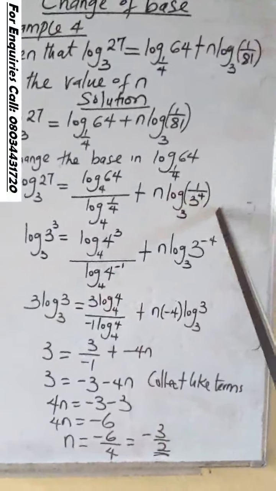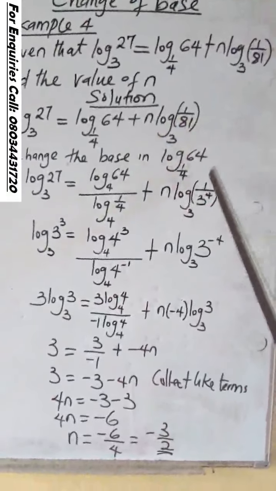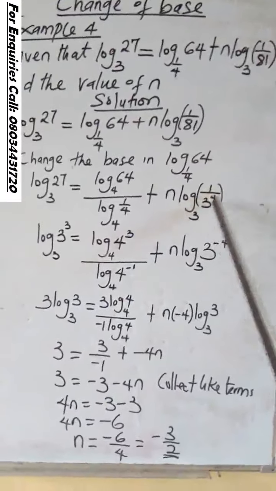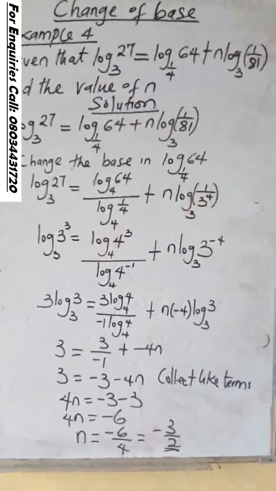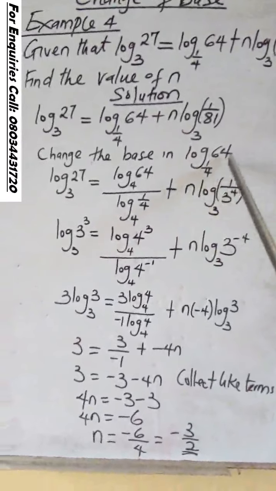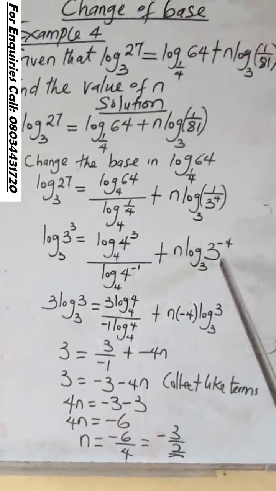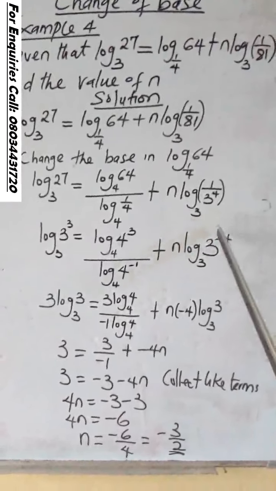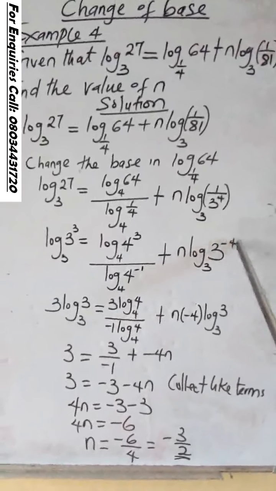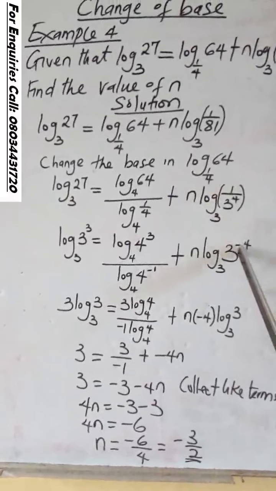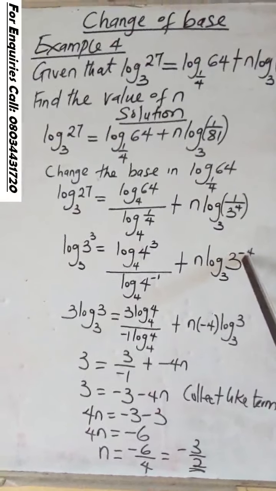Coming to this place, 81 is the same thing as 3 raised to the power 4, so 1/81 in index form will be 3 raised to the power minus 4. Remember what we said in indices: if you have 3 raised to the power minus 4, it will turn into the inverse because of the minus power.